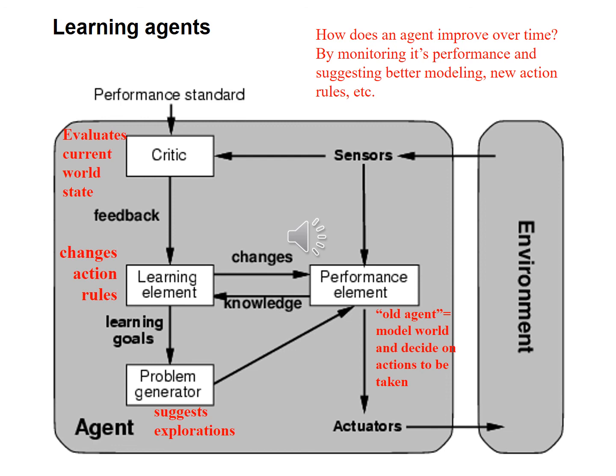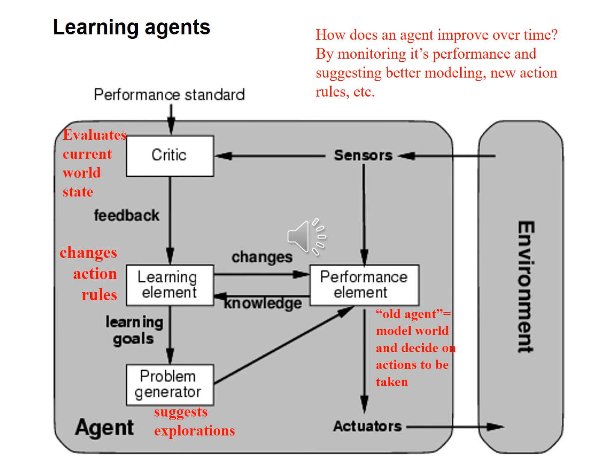Now, let's have an example of the automated taxi driver. The performance element consists of whatever collection of knowledge and procedures the taxi has for selecting its driving actions. The critic observes the world and passes information along to the learning element. If, for example, the driver has turned left very abruptly, and the critic has observed that people were very angry about that, it might learn that this kind of behavior is not adaptive.